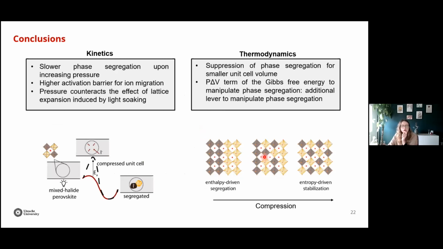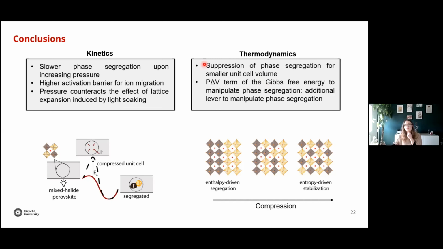So in conclusion, in this talk I've shown how you can induce strain in your material, and that's true, of course, not only for perovskite but also for other types of material. How you can quantify this strain by using a bulk modulus and a Young modulus. And then I showed you how you can measure phase segregation with techniques that do not rely on photoluminescence.